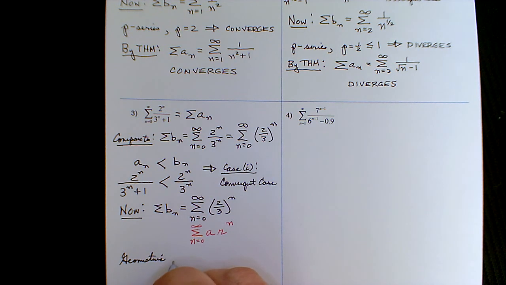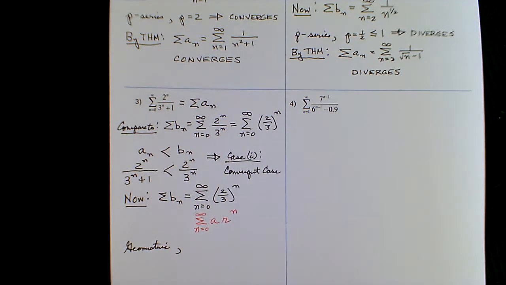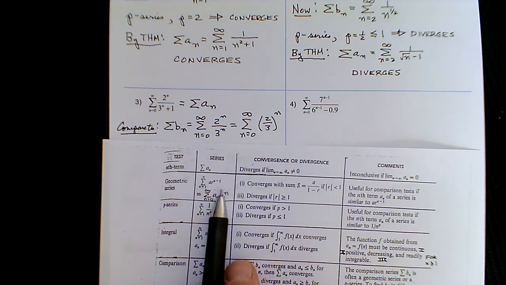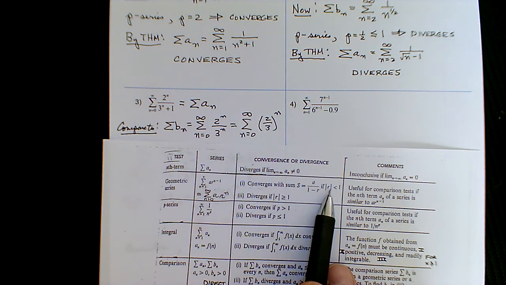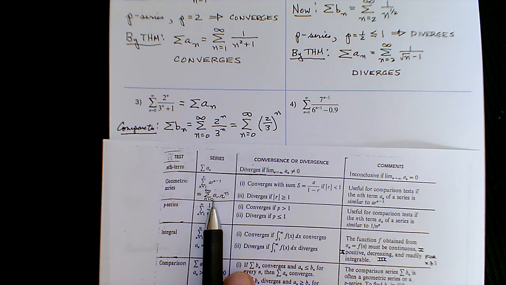And what determines convergence or divergence, if you have to go back to look at your table, under geometric series, it's the absolute value of r. If it's less than 1, it converges. Greater than 1, or equal to 1, it diverges. And here's the two forms again, starting at 0, n is the power, starting at 1, n minus 1 is the power.